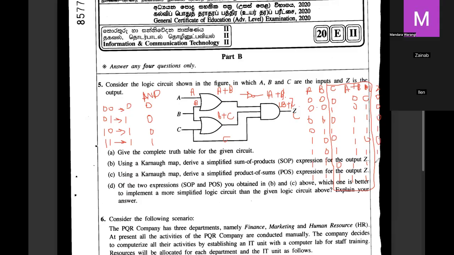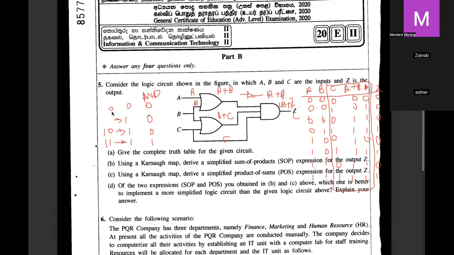Then 0, 1, 1, 0, 0. And finally 1, 1, 1, 1. So your output should be this. Did you get that as the output? Okay. Then let's go to the next question.